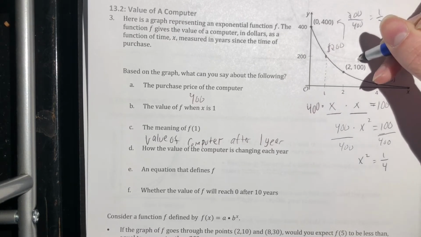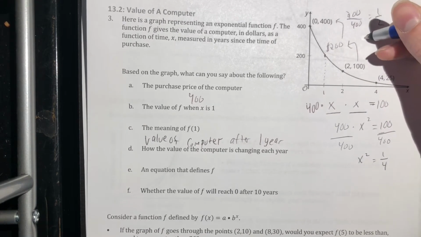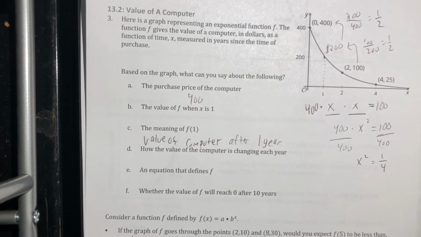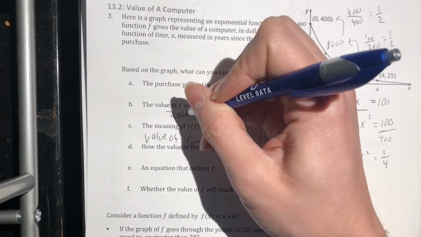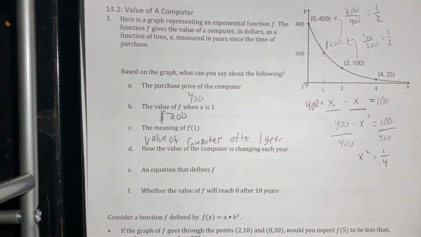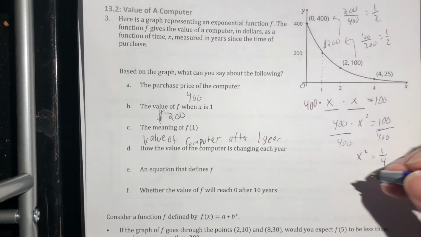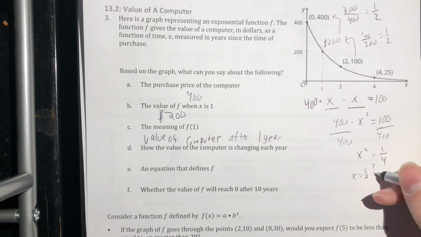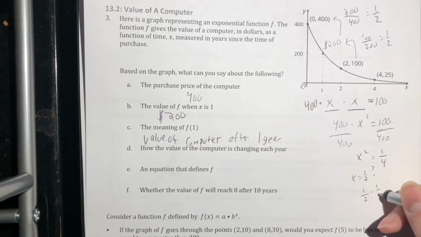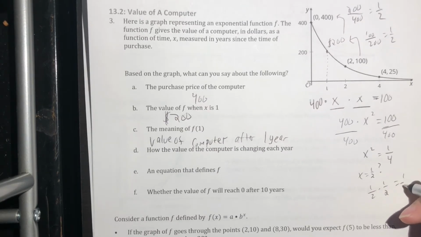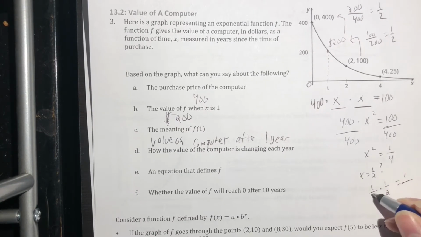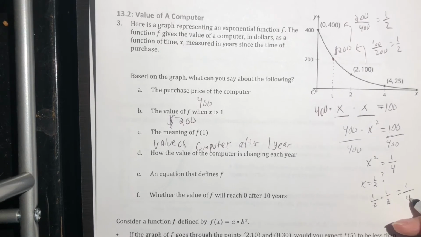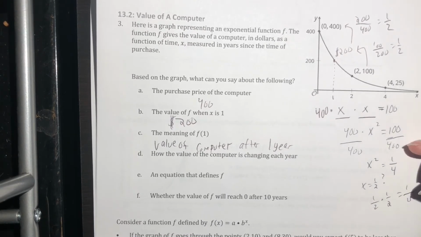And is that the same as 100 to 200? Yes. So my growth factor looks like it's about a half. So, is x equal to 1/2? Does 1/2 times 1/2 get me a quarter? See, 1 times 1 is 1, 2 times 2 is 4. So yes, in this case, my growth factor is 1/4.